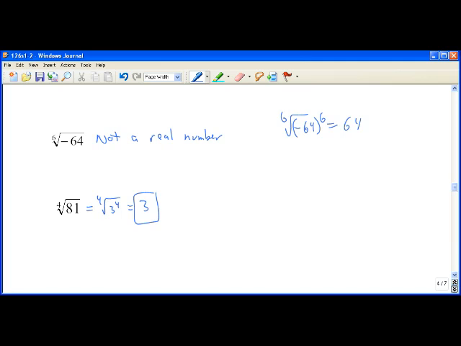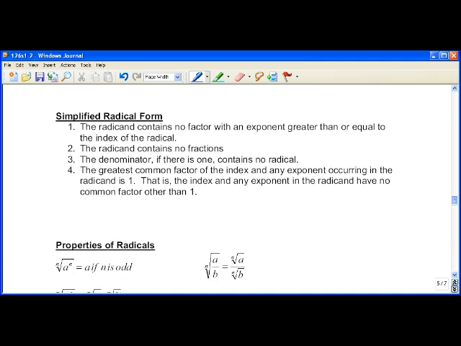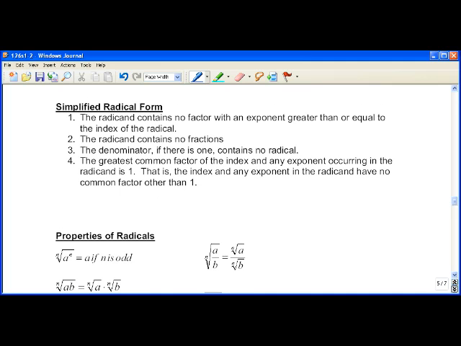Let's go on to page 5. Simplified radical form: the radicand contains no factor with an exponent greater than or equal to the index. So you couldn't have a square root of something like x cubed inside, because the power inside is bigger than the index.